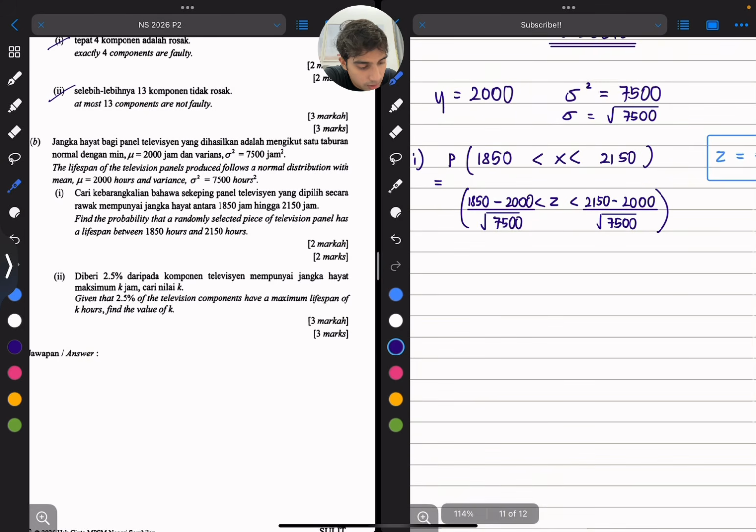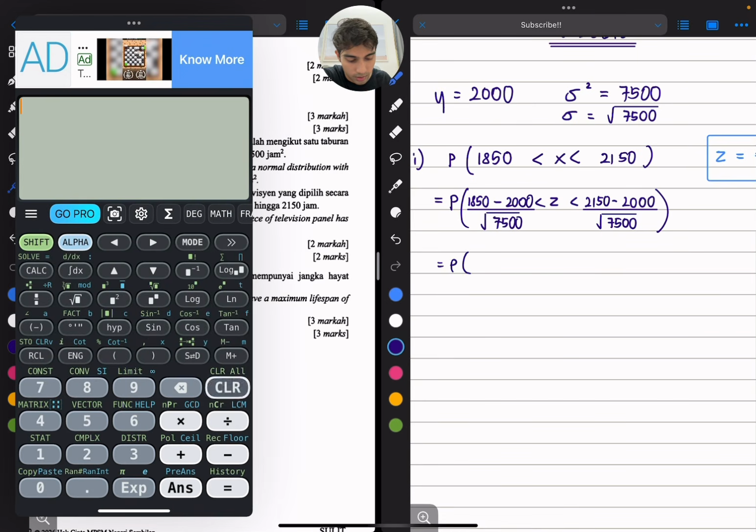So we calculate 1850 minus 2000 divided by the square root of 7500, which gives negative 1.732.